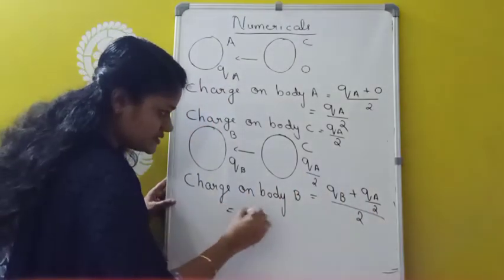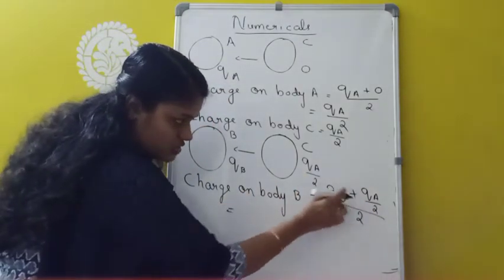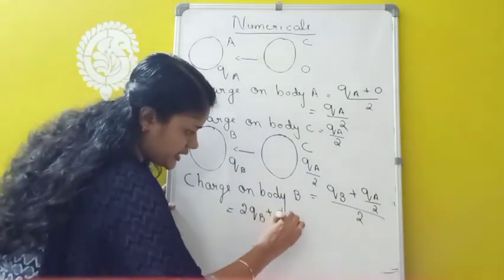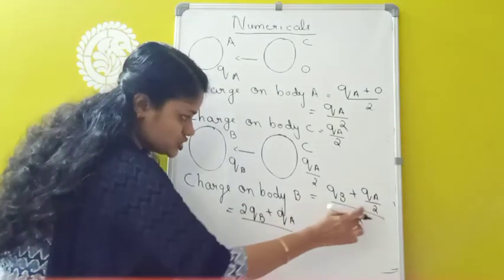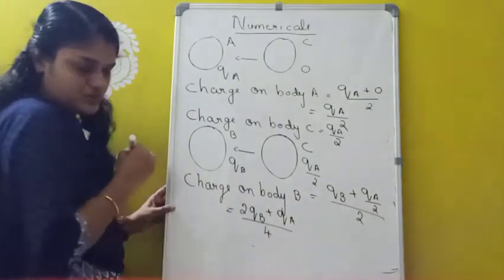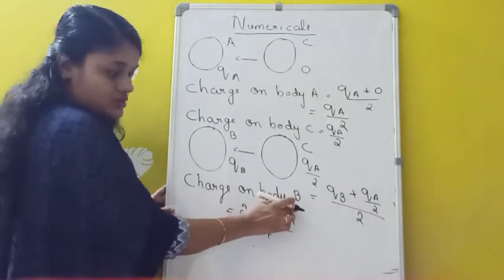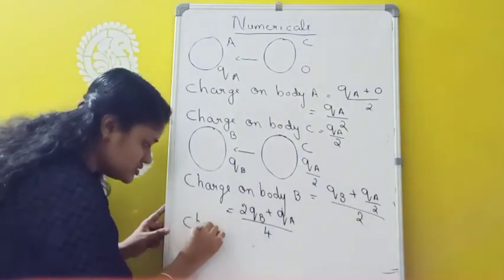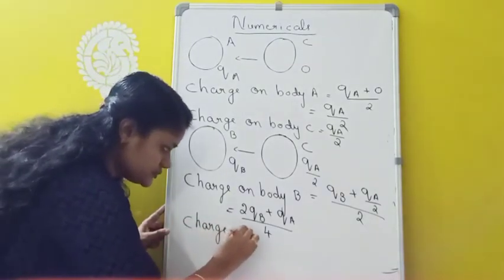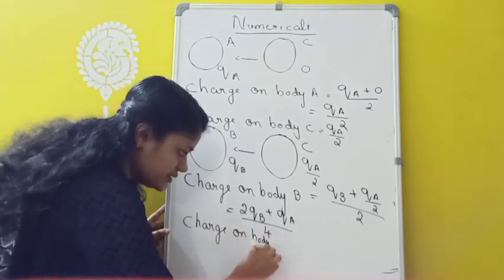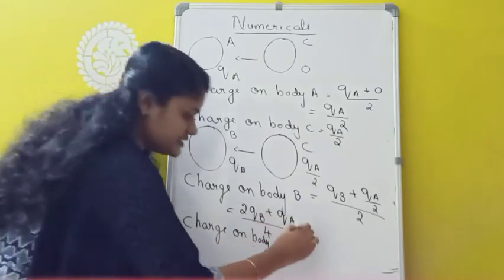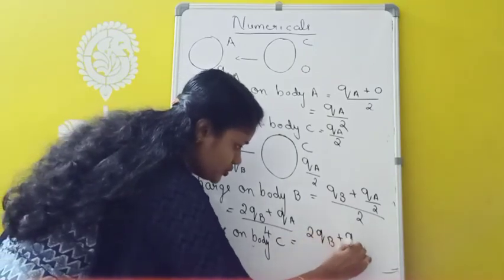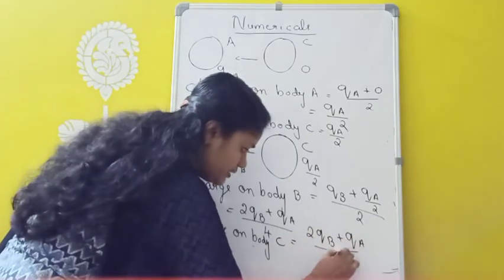Cross multiplying, we get 2QB plus QA divided by 2 into 2, which becomes 4. So this is the charge on body B. And the charge on body C is also the same thing: 2QB plus QA divided by 4.